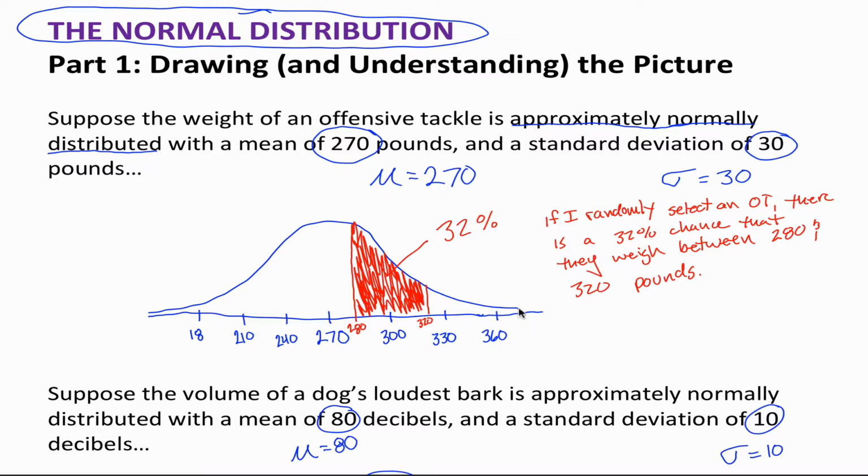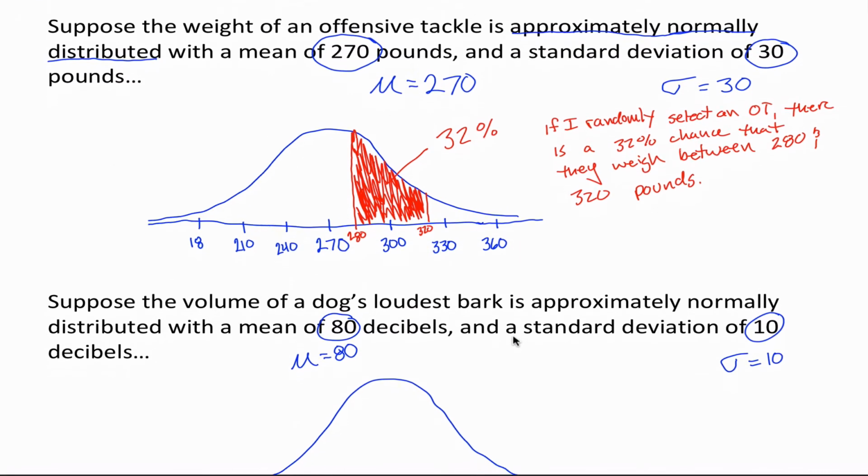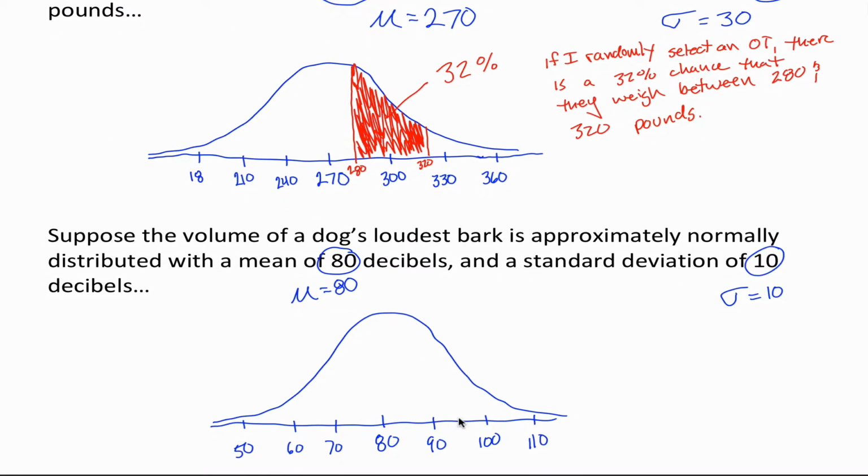So if I drew another picture, down here, and let's throw 95 in this picture, and let's shade over to the right. And you don't know why you're doing the 95. You'll learn that in another video. But suppose that that's labeled as 7%. I suppose that's given to you.